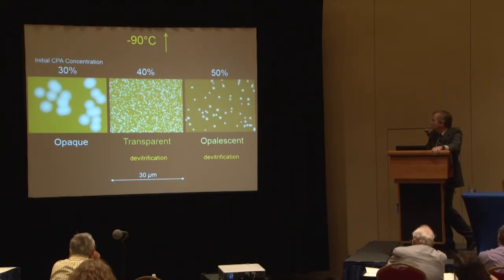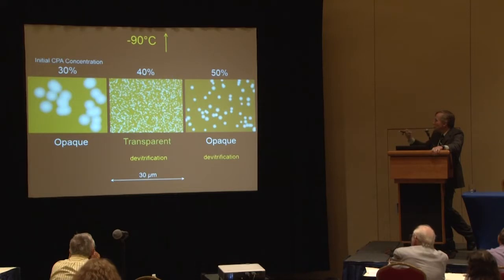So as we continue warming, notice that the solution on the right becomes opaque during devitrification. And it becomes opaque because these ice crystals are larger than a wavelength of light, whereas the solution in the middle is completely devitrified to equilibrium, but it remains transparent because these ice crystals are smaller still than a wavelength of light.